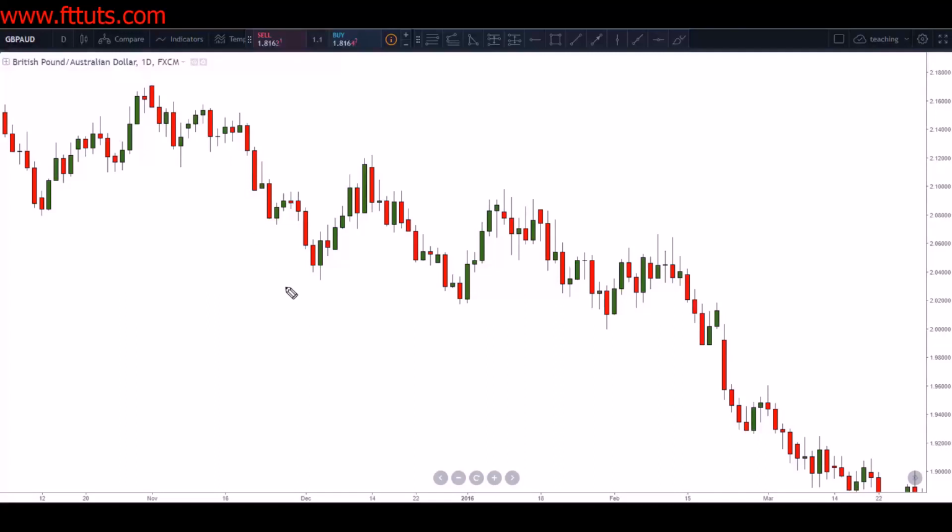But as you can see, what we're looking at is red days and green days, representing days that the market fell off and days that the market rallied or pushed up. What happens is if we have a combination of more days that the market fell off within an impulsive move, this would be considered an impulsive move, then we get what we call an impulsive move down, breaking into new lows, which gives us the start of a downtrend.